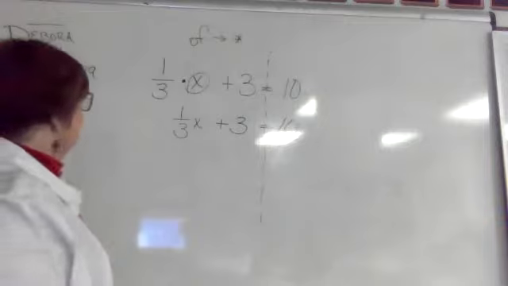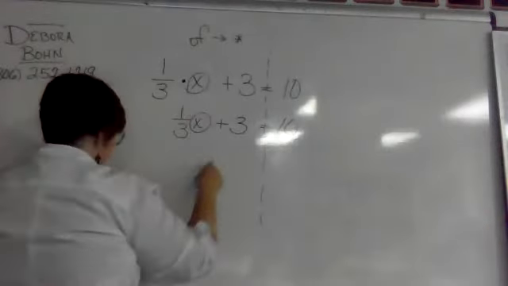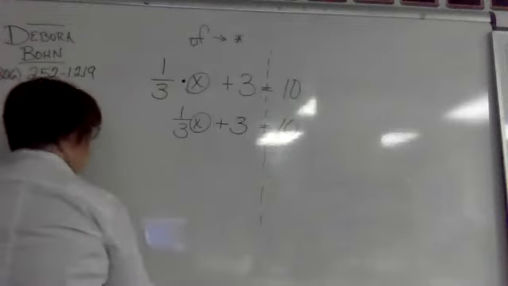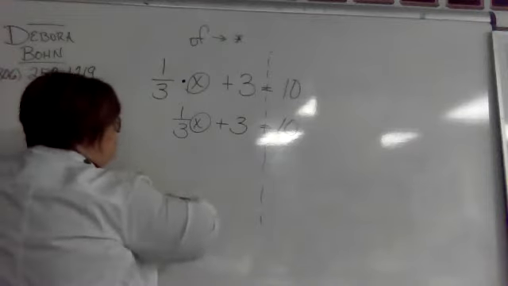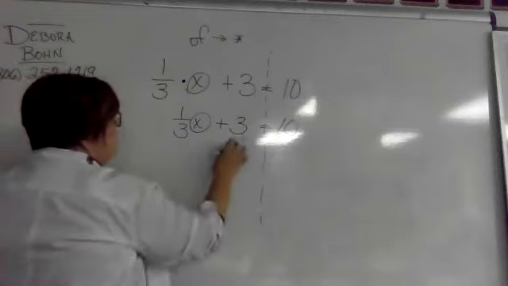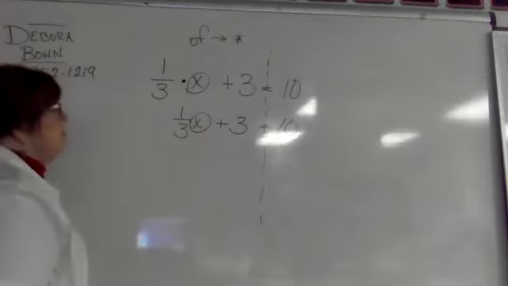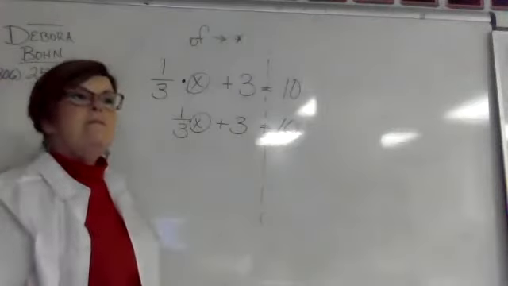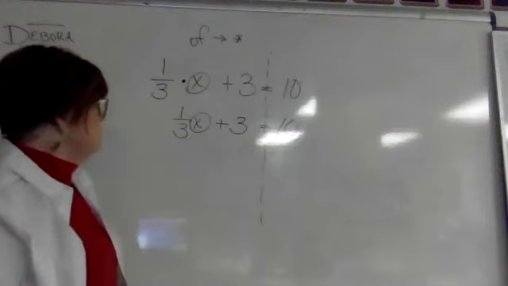All right. Now, when we circle our x, we find out that we're going to need to deal with this side of the equal sign. And so we have 2 different things we're going to have to get rid of, the 1/3 and the 3. The 1/3 is crammed together, so it's multiply. Which one do we need to get rid of first? The 3, because it's a straggler, this is best friend.